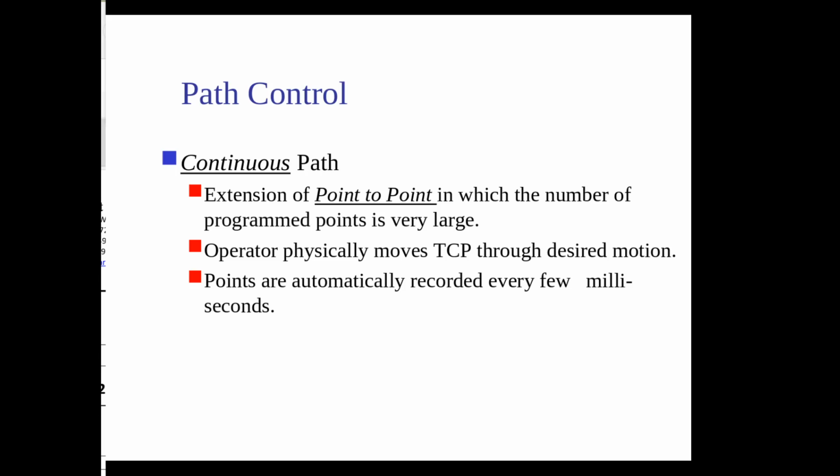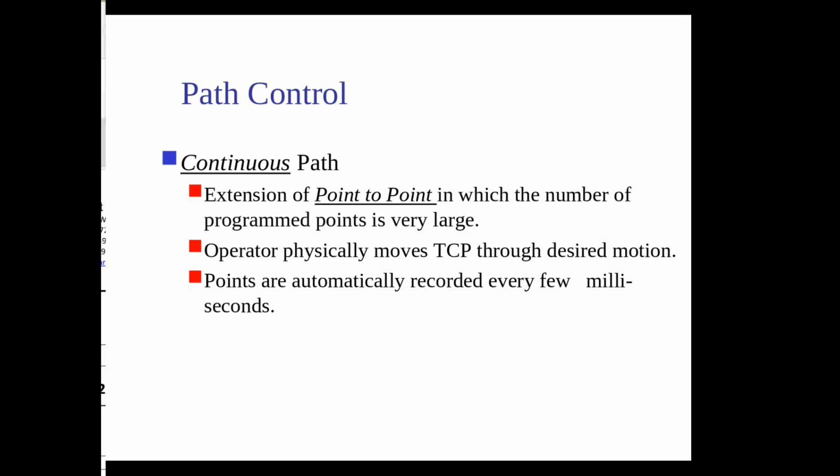It doesn't have to be a straight line, but we just want it to follow some path. The path could be very curved in all 3 directions. So we have to teach it hundreds or even thousands of points. We have to have the robot remember these many, many points as it goes through there.